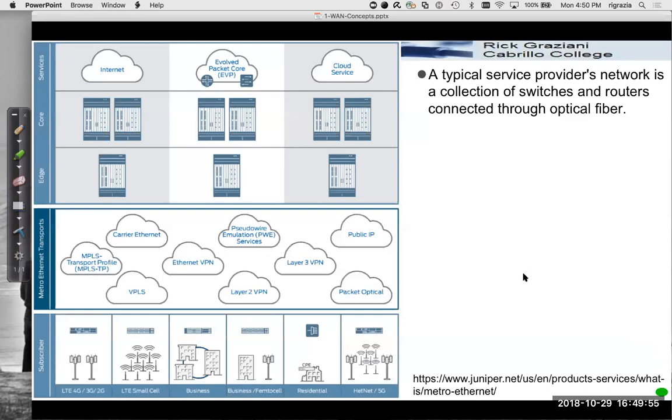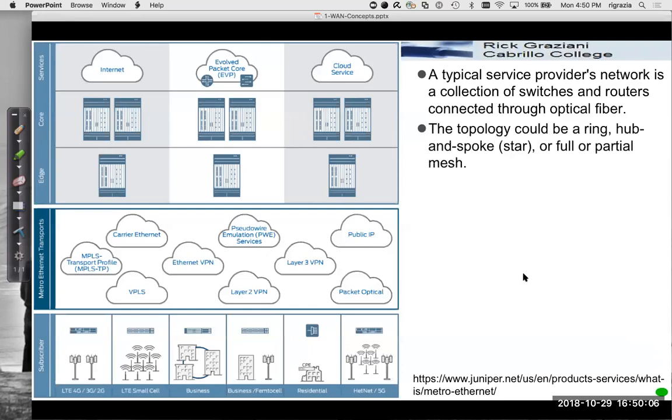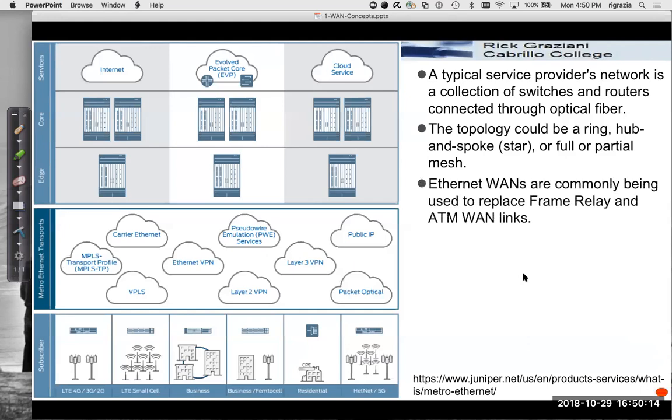Could be carrier Ethernet or Ethernet VPNs and all kinds of stuff, and then just showing the edge and core routers and multi-layer switches. As far as their topology, it could be ring, hub and spoke, full or partial mesh. Okay, so again, this is what has been replacing frame relay and ATM.